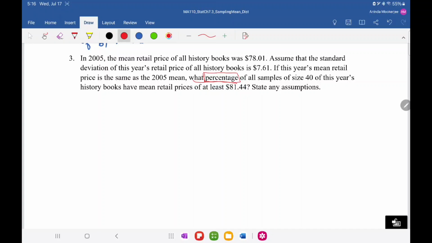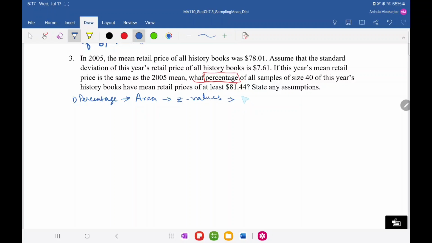Given that, let me list what we are dealing with here. We have to provide the percentage, and to do that we need to know the area. To find the area from a table, we need to find z values. How do we find the z values?